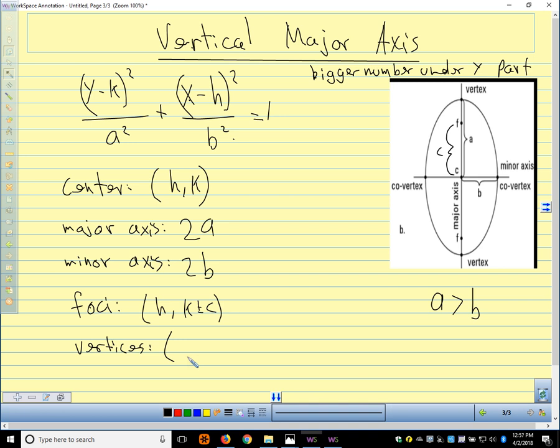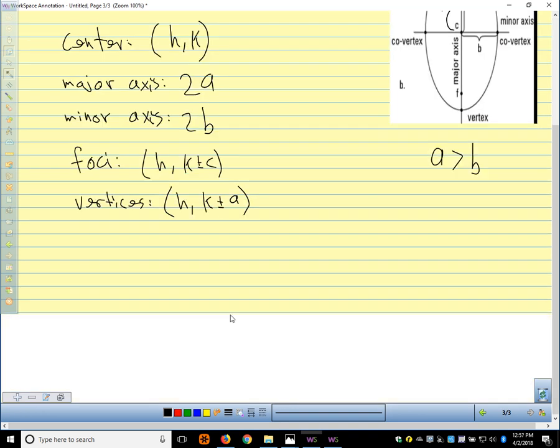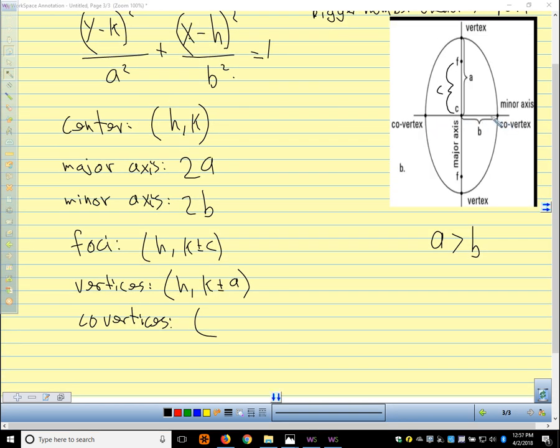I'm going up and down to get to the vertices from the center: (h, k plus or minus a). The co-vertices, or the minor vertices: now we have to move left and right to get to the minor vertices, and we go b units. So that's going to be (h plus or minus b, k). And I can draw in my nice little hypotenuse here.